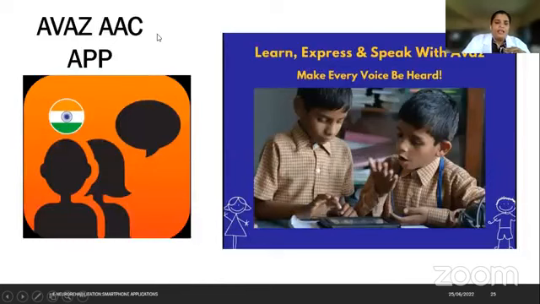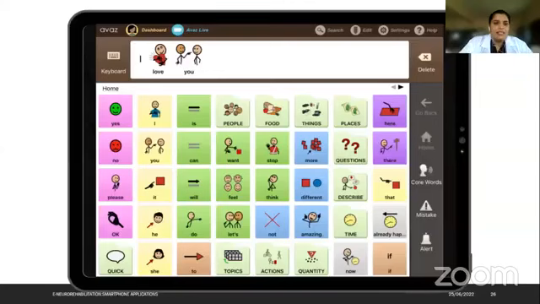Okay. Now we have another application basically related to communication skills. You have the AAC application. AAC stands for Augmentative and Alternative Communication. This application is developed in India, and it is basically for children who are unable to speak.